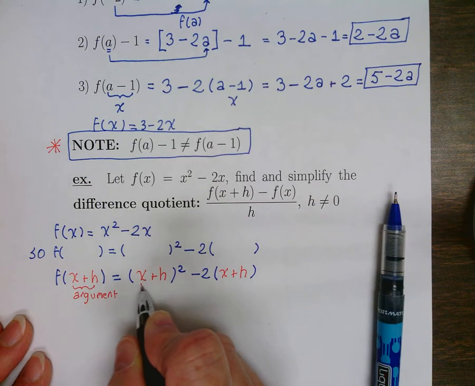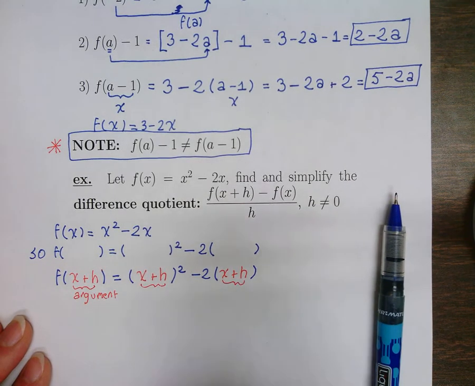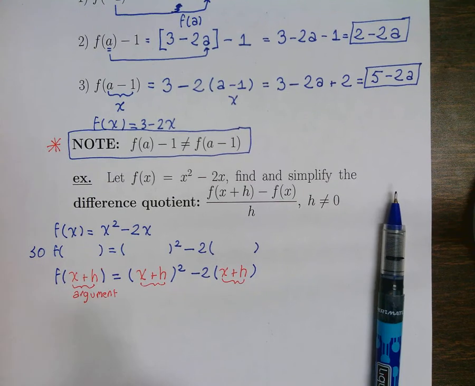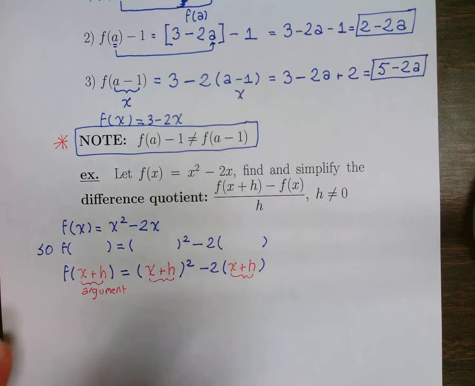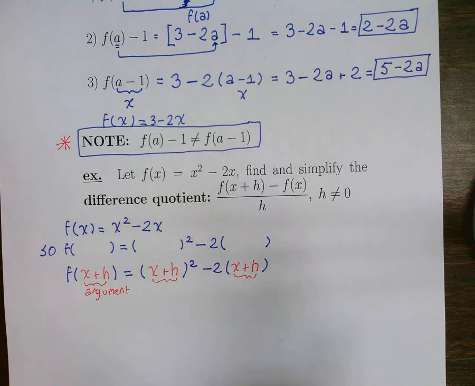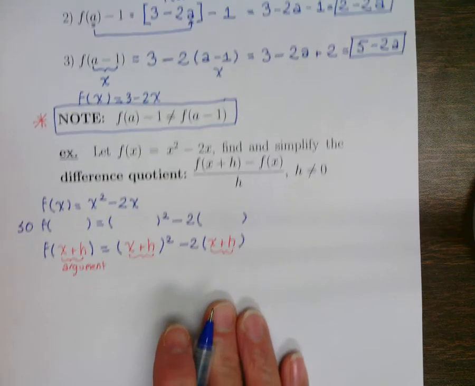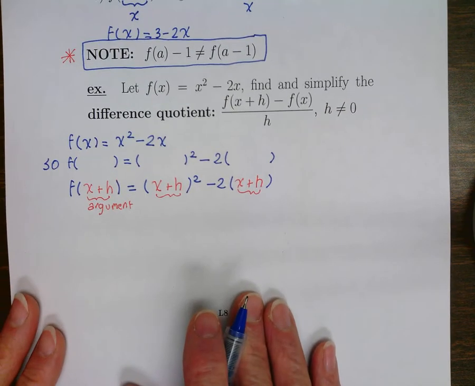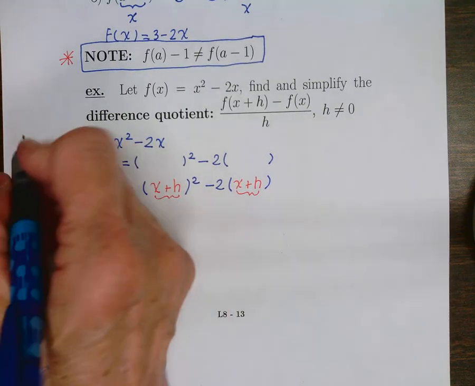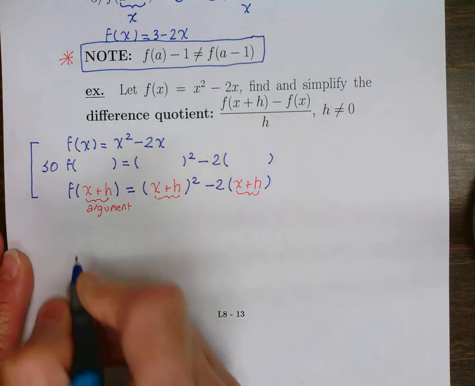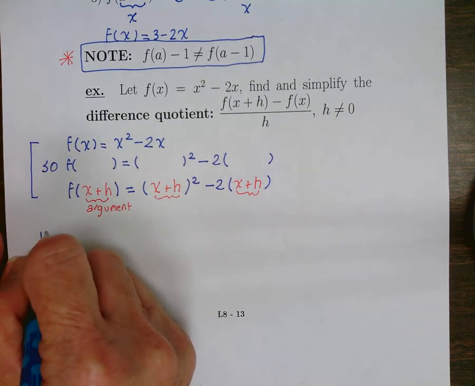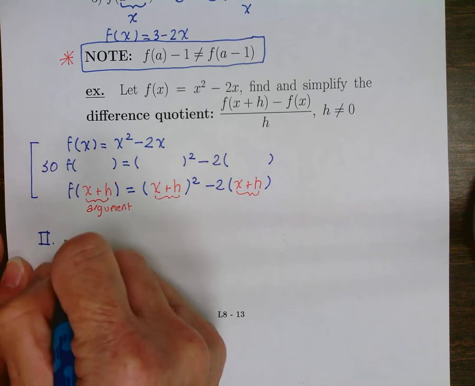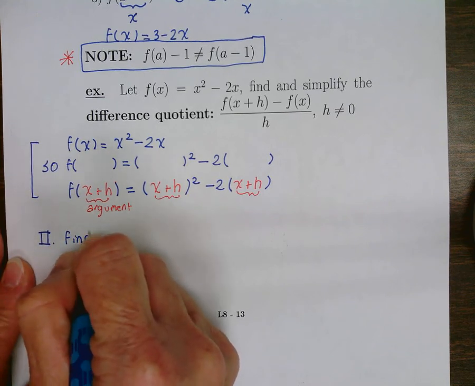Okay, and it corresponds wherever there was an x in the original function. Okay, and please take a little while to make sure you understand why that's working, but we're going to go ahead and with that we're going to find our difference quotient.